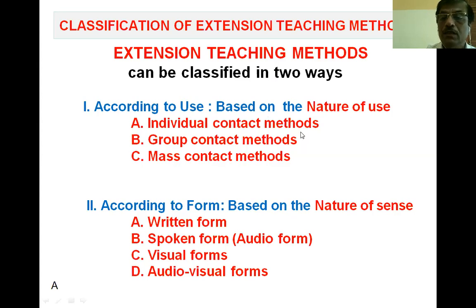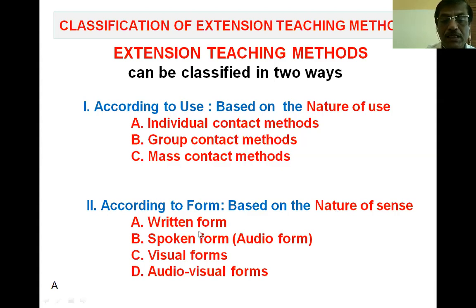According to nature of use, extension teaching methods can be classified into individual contact methods, group contact methods, mass contact methods. According to nature of sense, that means senses involved: hearing sense, audio sense, visual sense.